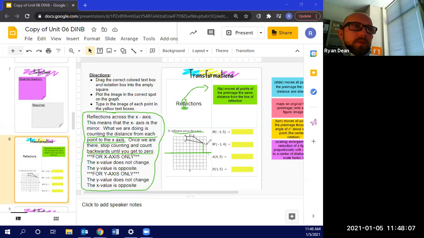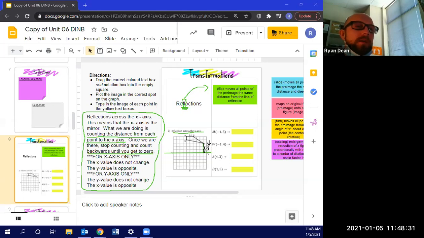From this point A, you can do this just like we did with the translations. You can do it as hops, or you can think of it as taking steps. From point A, to get to the x-axis, I just go down 1, 2, 3. So I went down 3 to get to the x-axis.